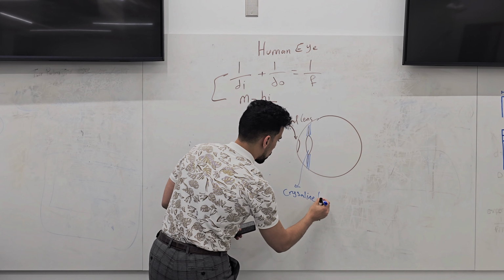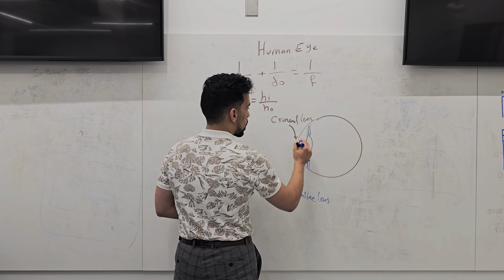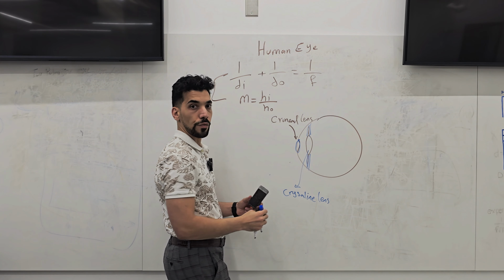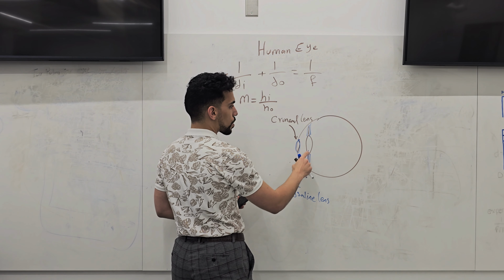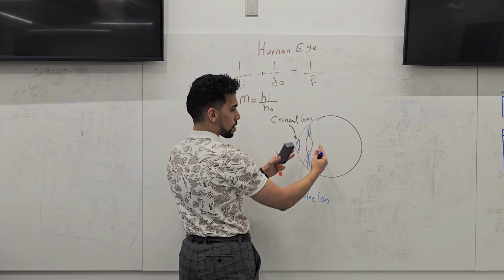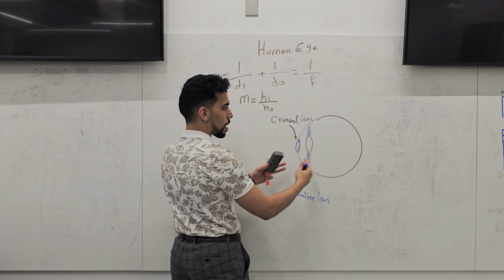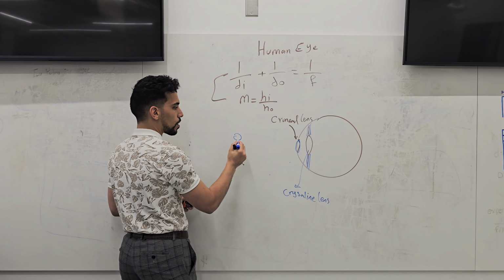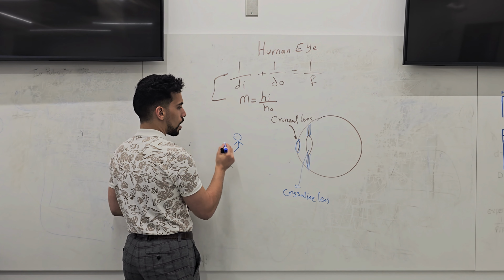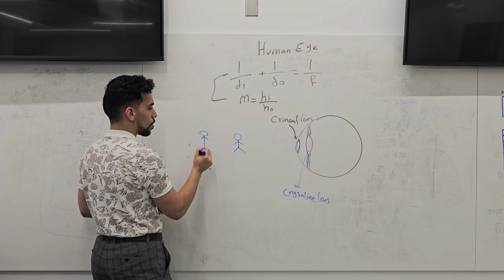This lens has a kind of fixed focal length, while the crystalline lens is accommodating. It adjusts the focal length, and based on this adjustment it can see objects at different distances from the human eye itself.